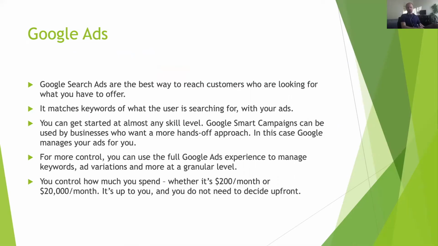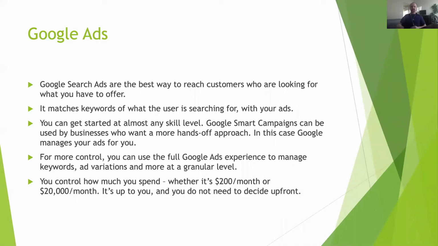All right, so we're going to talk a little bit about Google Ads here. Google Ads is a platform of advertising. Google search ads are really the best way to reach customers who are looking for what you have to offer.